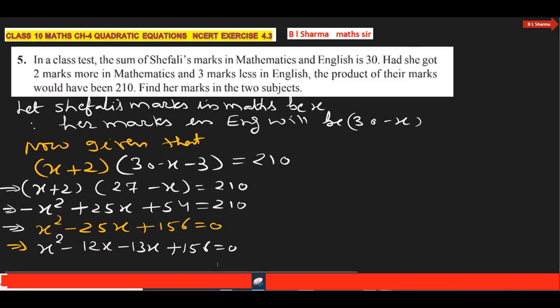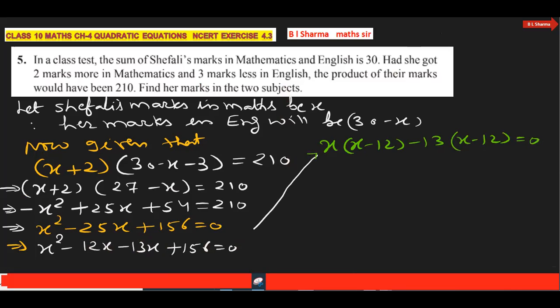Further, we can take x common, that is x minus 12 minus 13 common, x minus 12 is 0, x minus 12 further common, x minus 13 is 0.